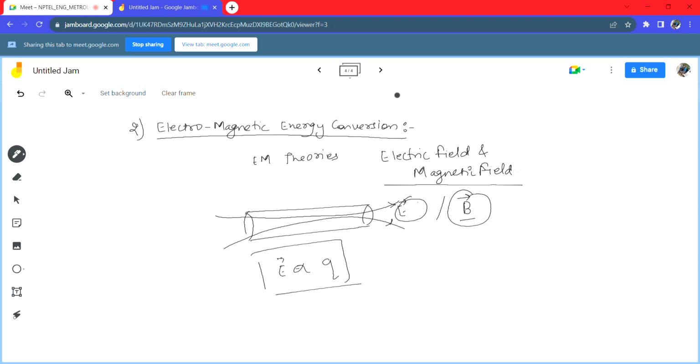Rest other things we have ignored, so there is area, there is the distance and everything, but typically this electric field is dependent on the charge that is flowing, and the flowing charge creates electric field, and this dynamic electric field creates a magnetic field B.